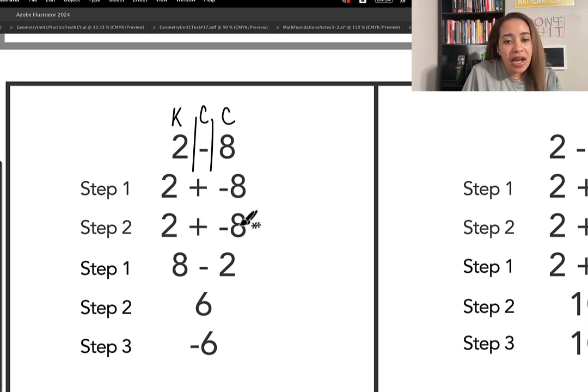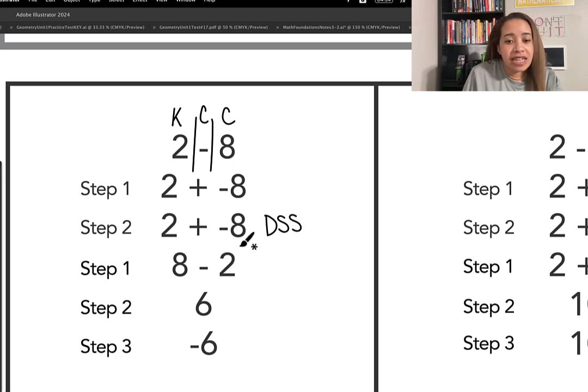In step 2, I need to look more closely at my problem and decide what type of addition problem I have. Previously, we talked about same signs or different signs. This is an addition problem that has different signs. So I can remember different signs subtract.